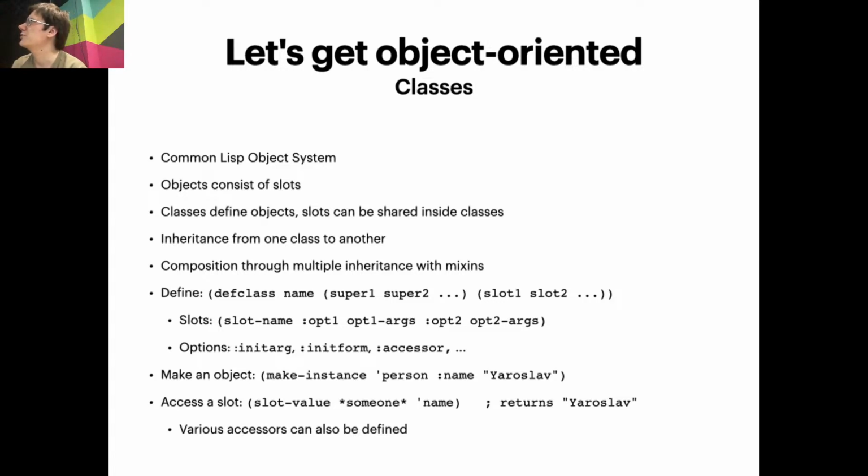There are other options as well, which I'm not going to go into right now. After we specify the class, we can make an instance of that class with the make-instance form like this. We specify the class with the symbol, and then we can specify the initial values of its slots. Then we can access a slot of an object with the slot-value form, and we can define all sorts of accessors.